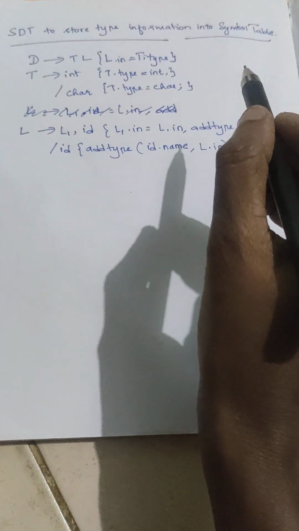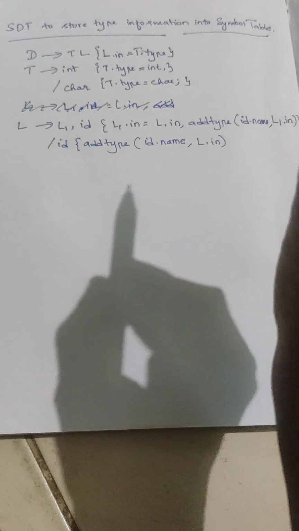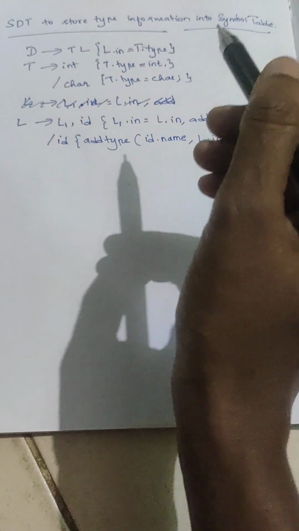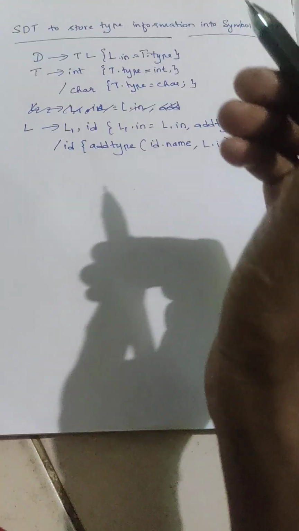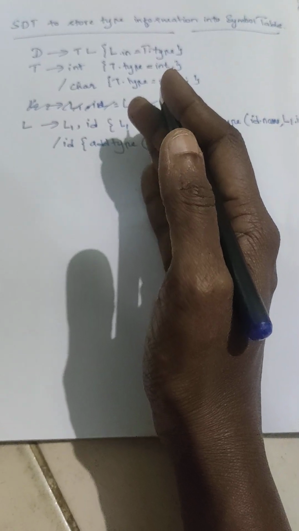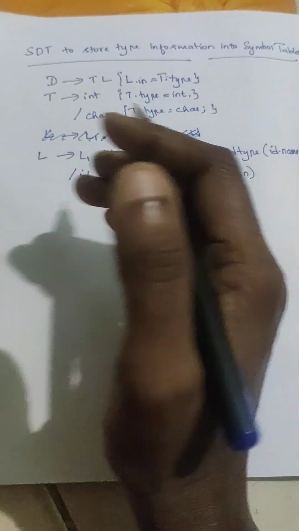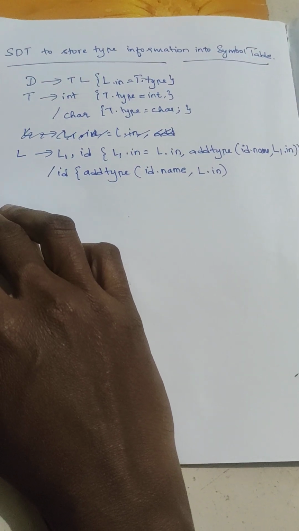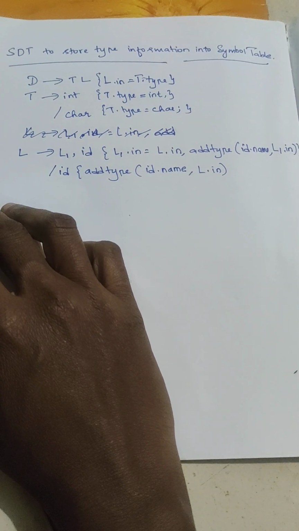But L attributed SDT is a part of the inherited one where the attribute takes its value only from the left side of the given production, either from its parent or from its left sibling. That was L attributed one.